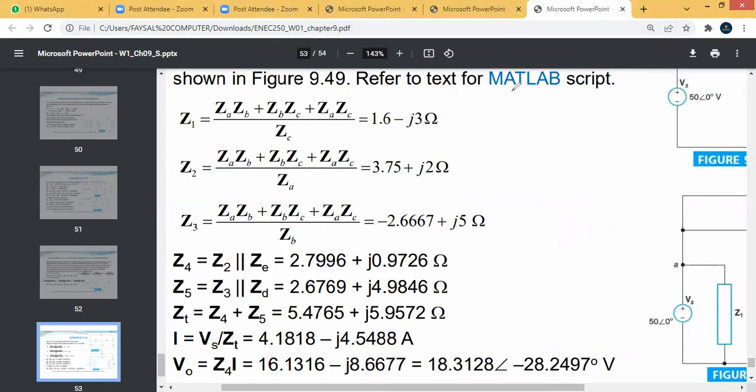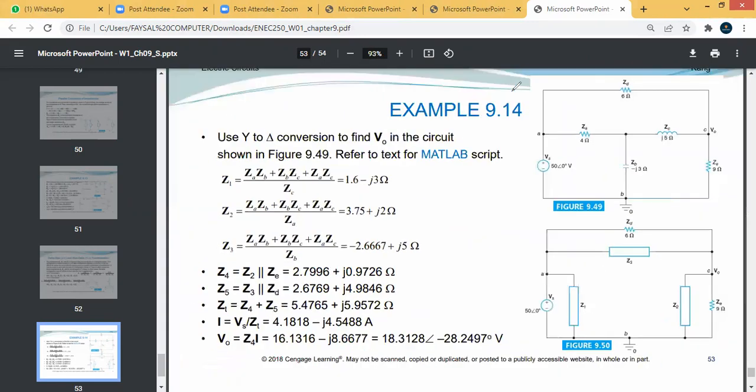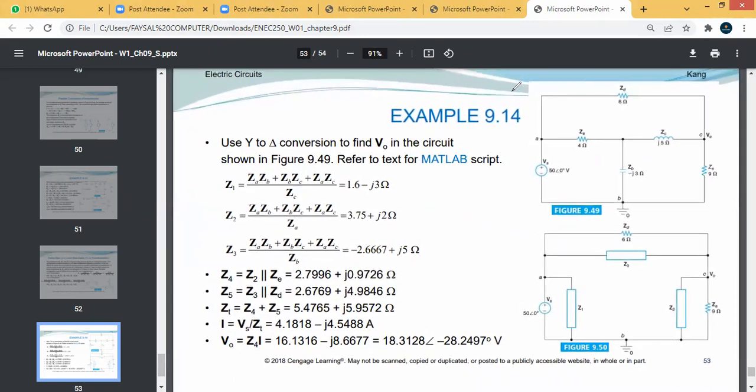Z total will be equal to Z4 plus Z5 respectively. So taking the sum of 2.796 plus j0.94 and 2.67 plus j4.96, this will be my Z4 and Z5 respectively, and then add them to find the value of ZT.